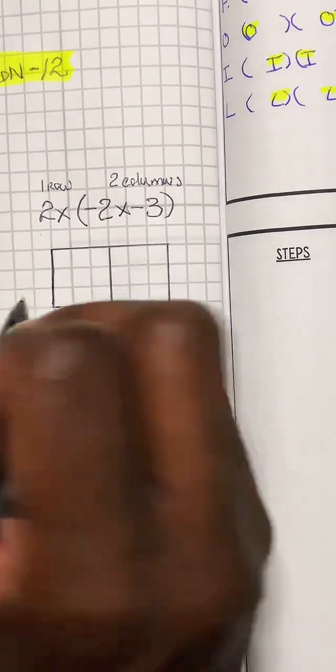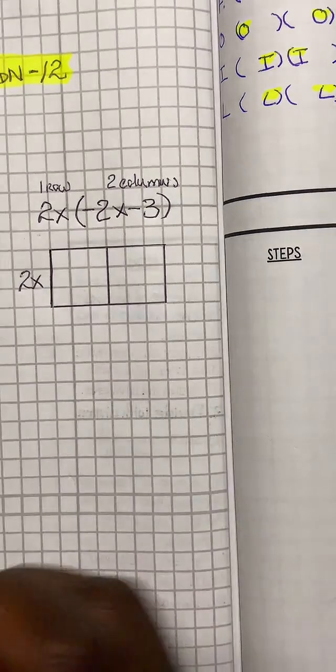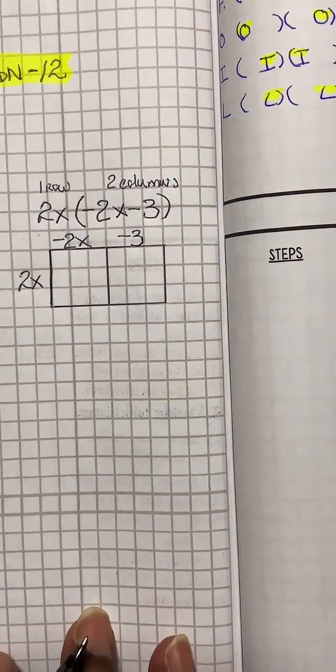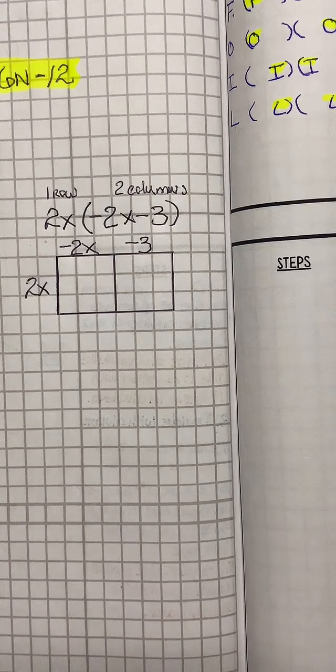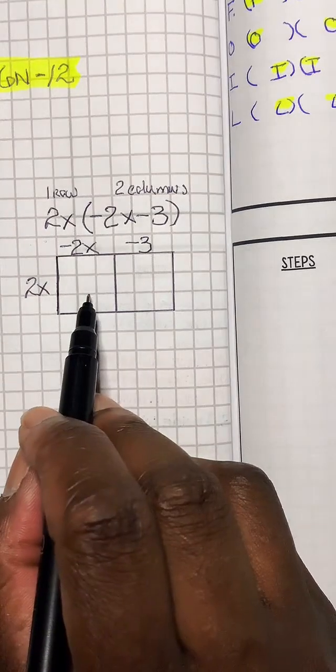All right. So that means right here, I'm going to have my 2x. And then over top, I have my negative 2x and my minus 3. All right. So all I have to do is multiply to fill in the boxes.